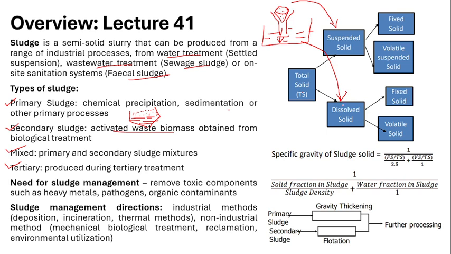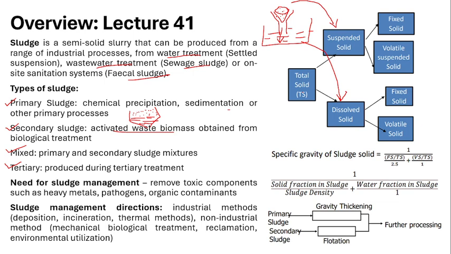The suspended and the dissolved solids are further classified into fixed solid or volatile solid. When the water or the filter paper is burned in a muffle furnace, if weight reduction happens upon the heating, whatever substances leave the filter paper or the water content are called the volatile solids.